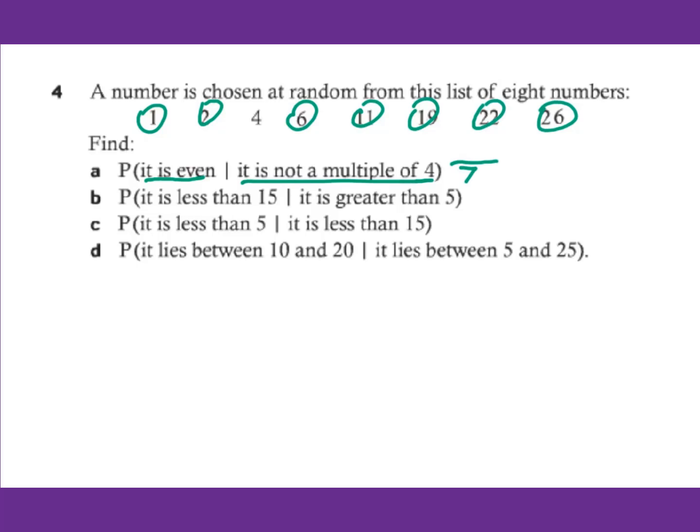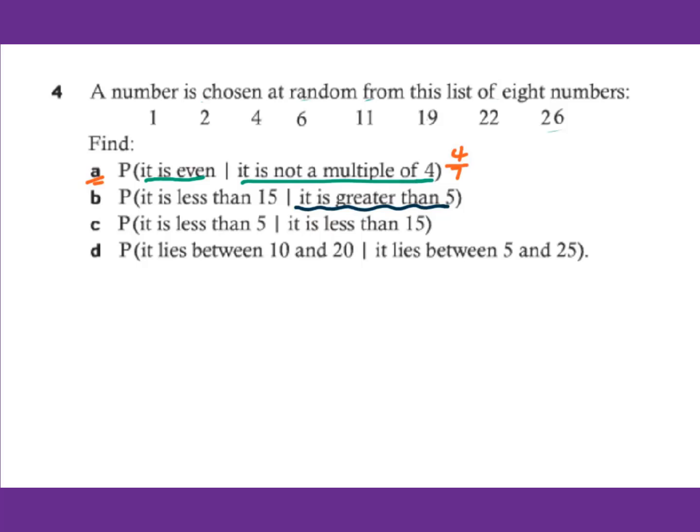So it's 7 numbers. Among these 7 numbers, how many are even? 1, 2, 3, 4. So we got 4 over 7. That's for A. Remember this given, that means we count it as the total.